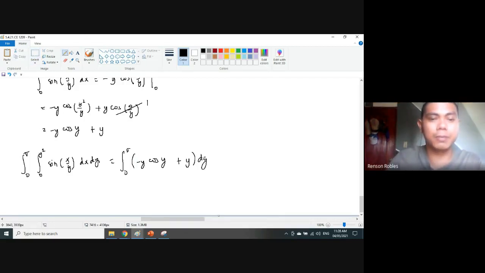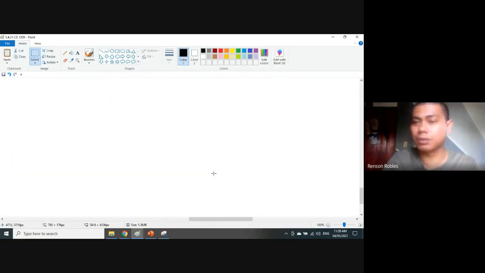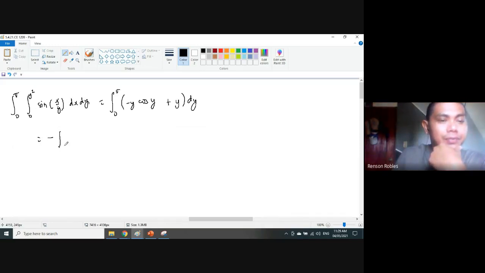Then you can now separate them if you want to. Wait, no. Let's copy it above, we're running out of paper. Then we can now separate: negative integral from 0 to pi of y cosine of y dy plus integral of y dy.